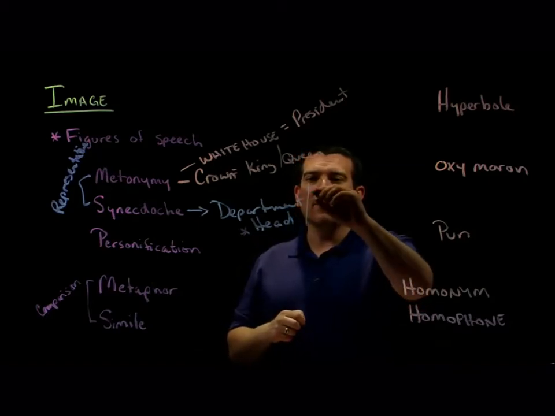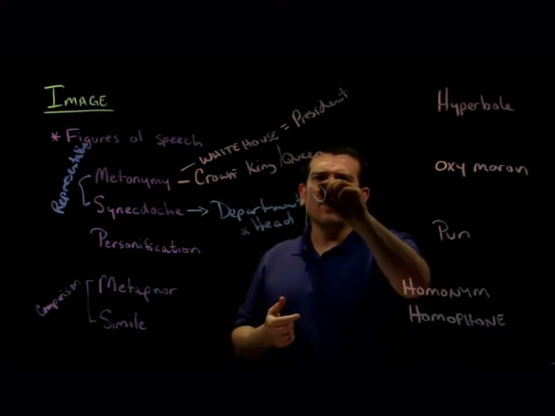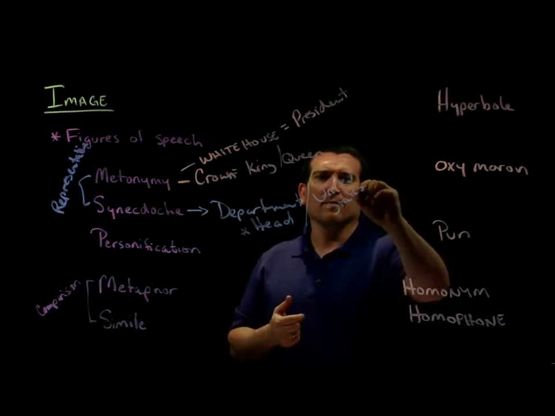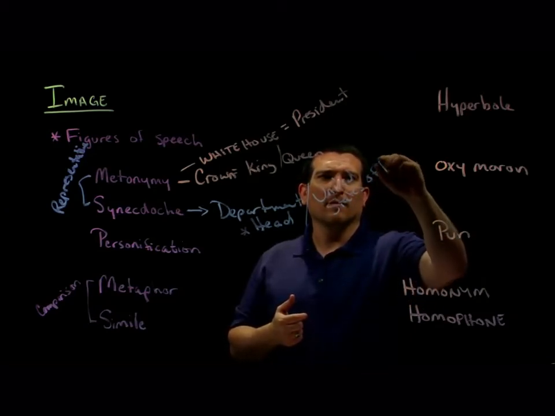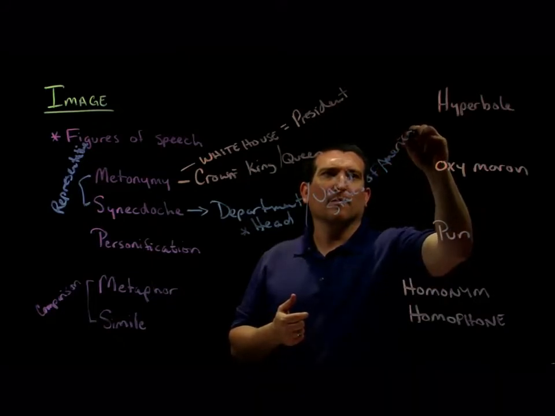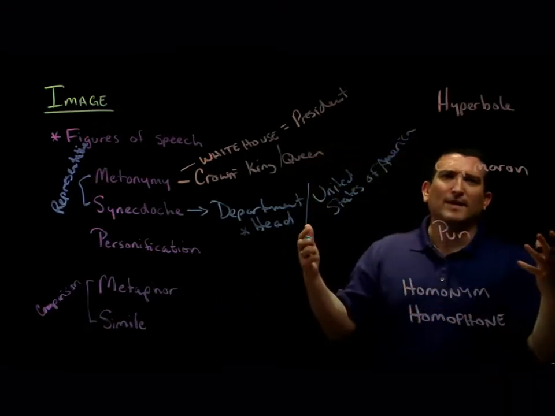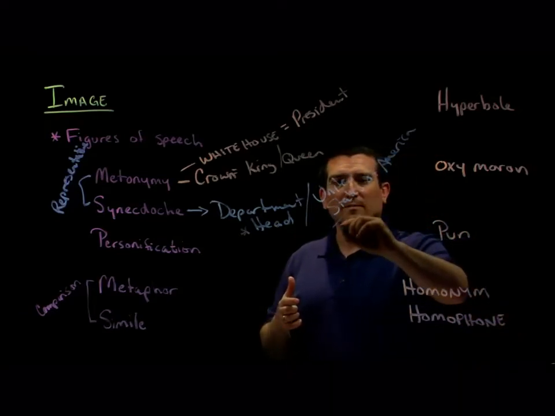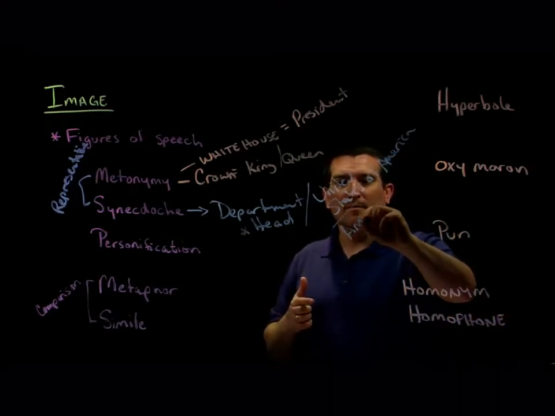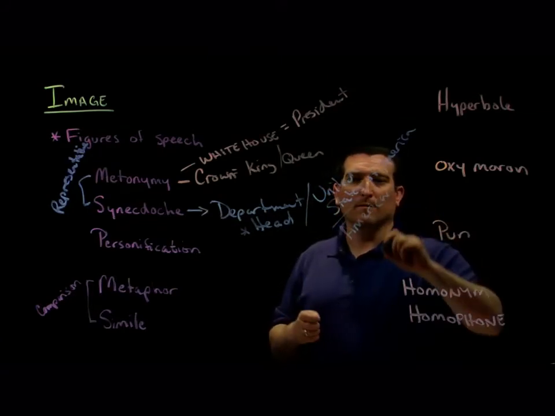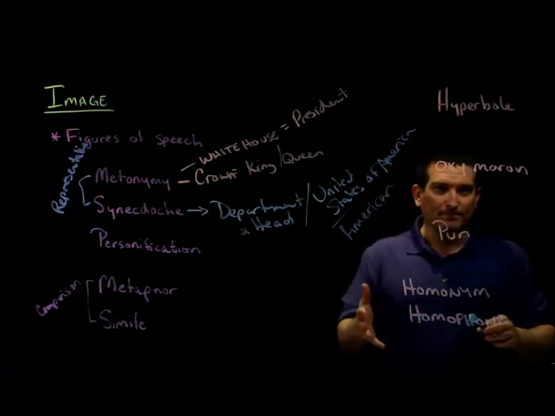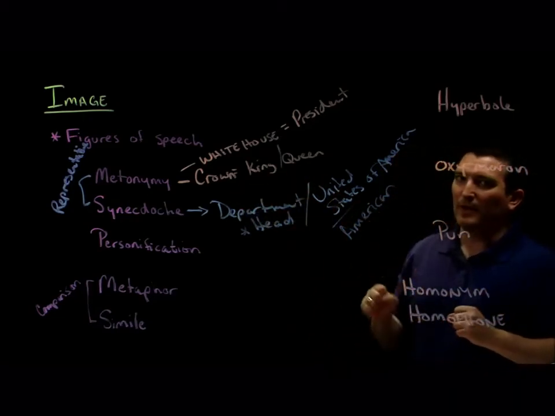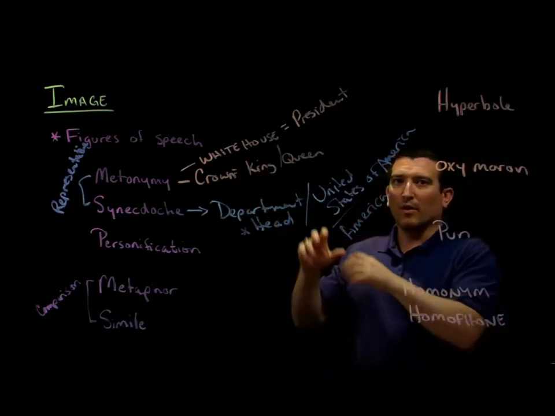We could also have something like in the United States of America. Right? We can say the United States of America. But we very rarely say that. We usually will shorten that to just American. All right. If I am an American, it's kind of understood. If you say, oh, he's an American, or she's an American, or they are Americans.